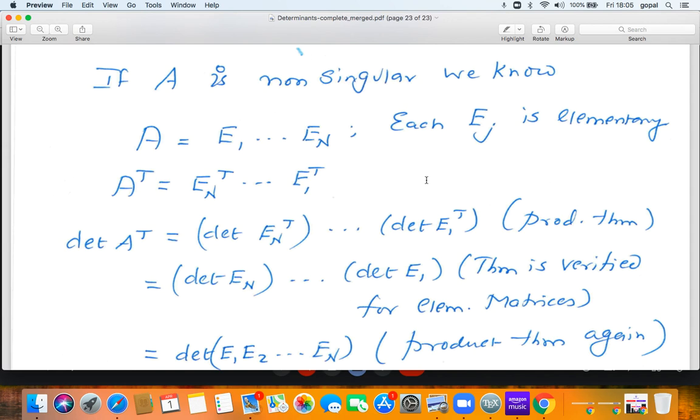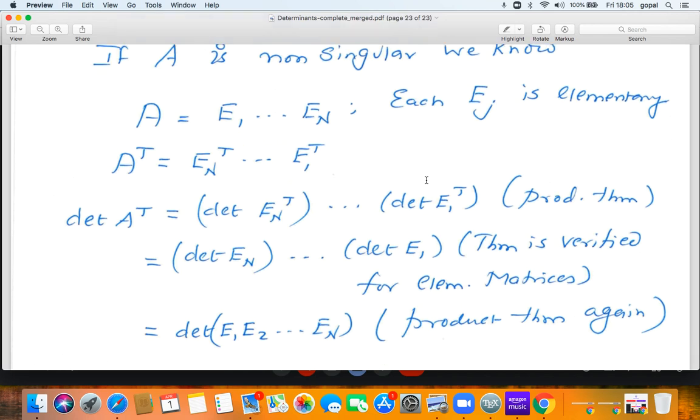So what is A transpose? En transpose, ..., E1 transpose in the reverse direction. So let us take the determinant of A transpose. Determinant of A transpose is determinant of En transpose, ..., determinant of E1 transpose. I have applied the product theorem. But for the elementary matrices, I had checked that determinant of A equals determinant of A transpose holds. So I get determinant of En, ..., determinant of E1. Determinant of En is a real number.